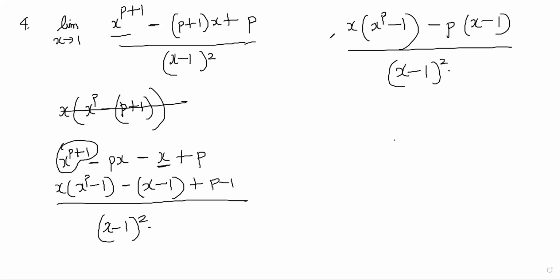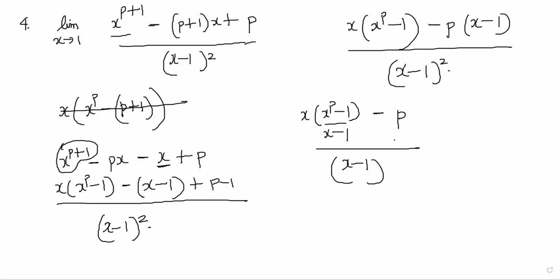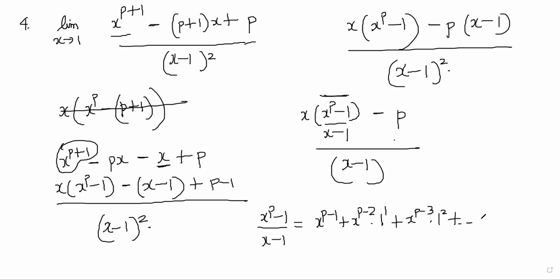So now dividing by (x minus 1) up and down, you will get x into (x^(p-1) minus 1) by (x minus 1), minus p by (x minus 1), right? Okay. So the top part, we know the factorization of this, right? So (x^(p-1) minus 1) by (x minus 1) should be equal to x^(p-2) plus x^(p-3) into 1 and so on, till plus 1.